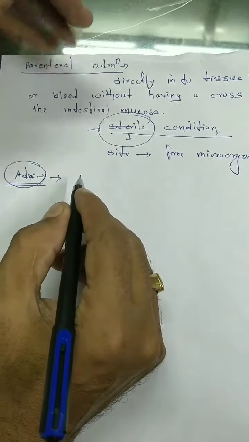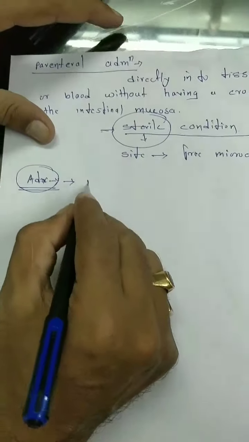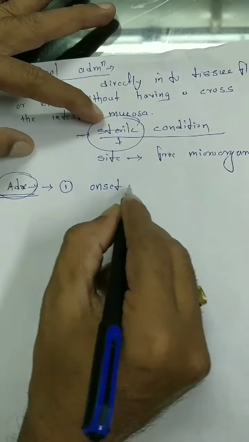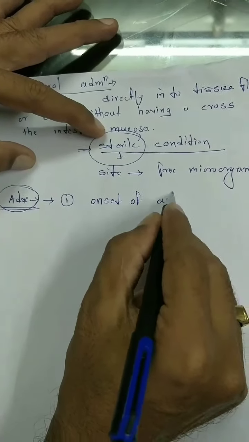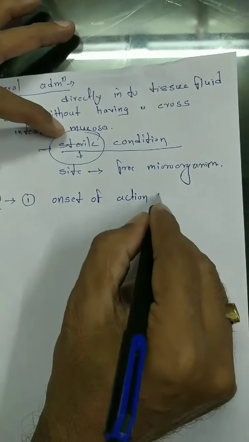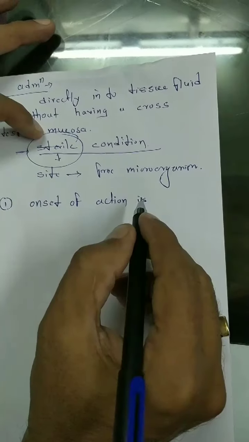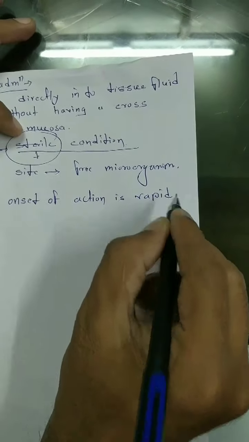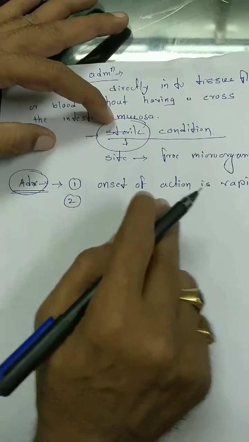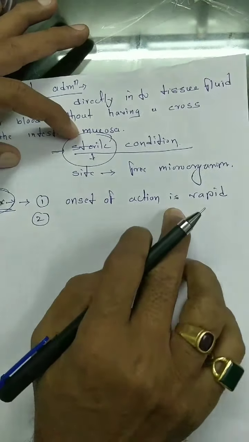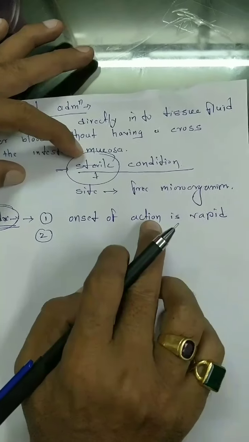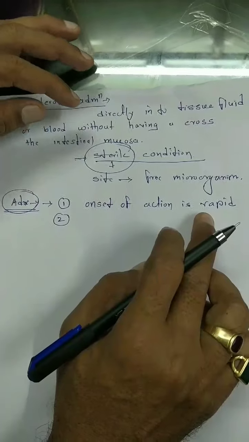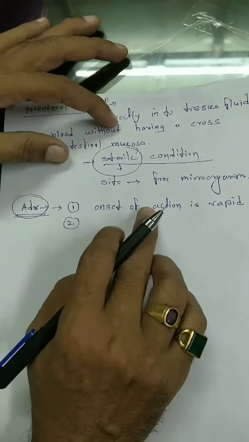Now the parenteral route of administration, first advantage is onset of action is rapid, because the drug goes directly into the body tissue or the blood and produces the effect very rapidly. There is no loss, 100% bioavailability on that route.